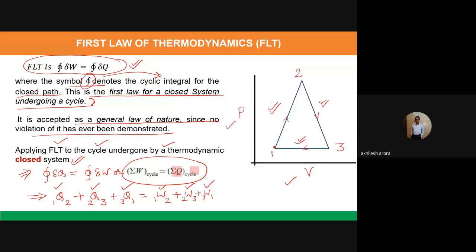So when I am using this particular equation for this particular cycle, the meaning is this one. I have considered the heat transfer for all the processes and added them, and that is equal to the work transfer in all the processes, which I have added. Okay, so that is the meaning of the first law of thermodynamics.